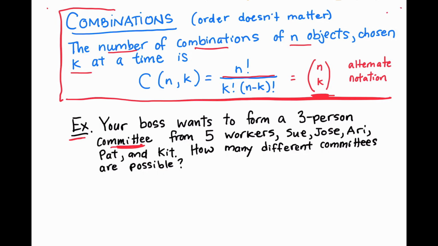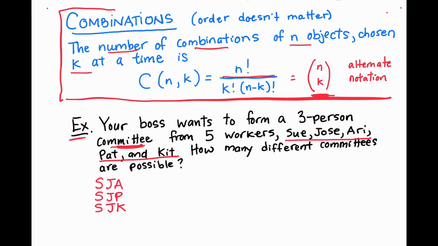So let's suppose I were to look at these 5 people and list every single possible committee. Let's say I start with Sue. Sue could be with Jose and Ari, or Sue could be with Jose and Pat instead of Ari, or we pick Sue and Jose and Kit. So now we have all the combinations with Sue and Jose.